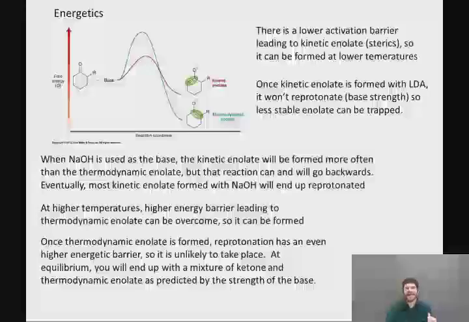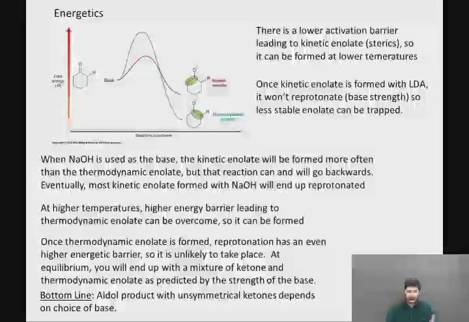Okay, so at equilibrium, you will end up with a mixture of the ketone and the thermodynamic enolate as predicted by the strength of the base. In other words, with NaOH, you're still going to have more ketone than thermodynamic enolate, but you're going to have a negligible amount of kinetic enolate. Once you get to kinetic enolate with NaOH, it will go backwards. When you go to thermodynamic enolate, it will be less likely to go backwards. So that's why things are going to end up at thermodynamic enolate versus kinetic enolate.